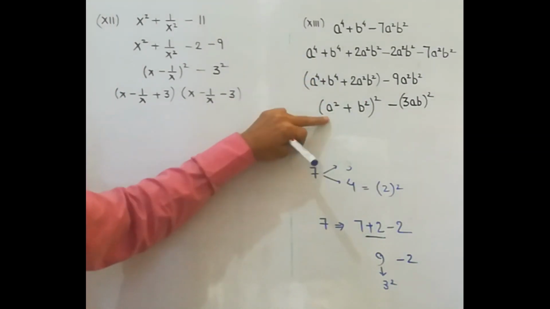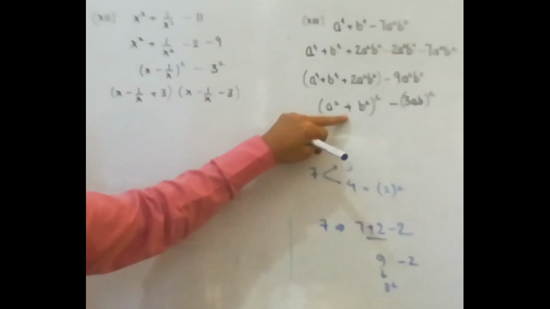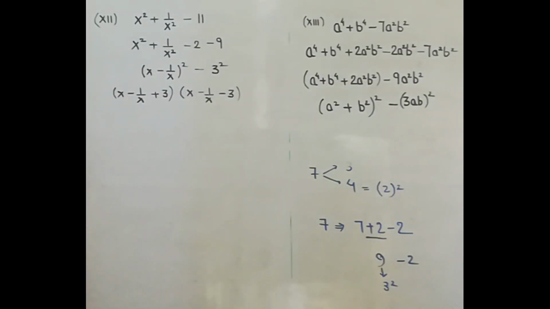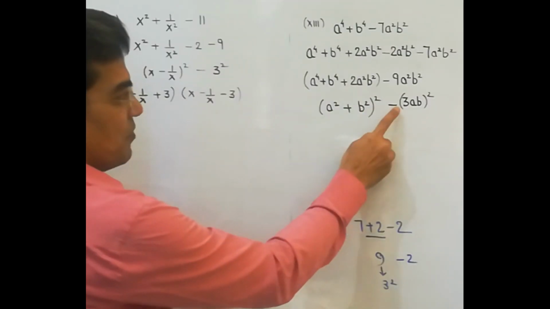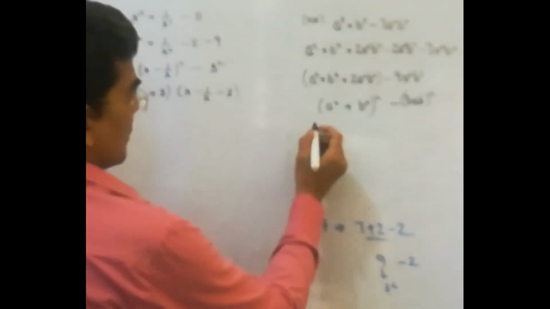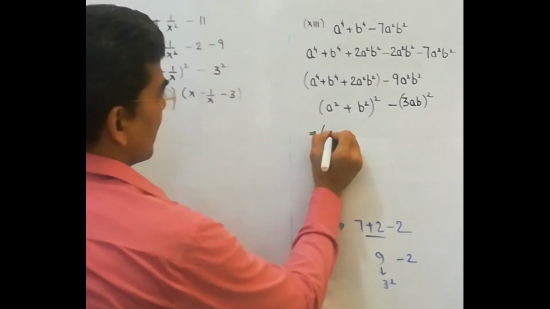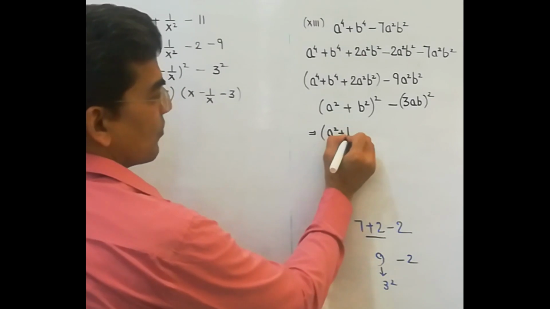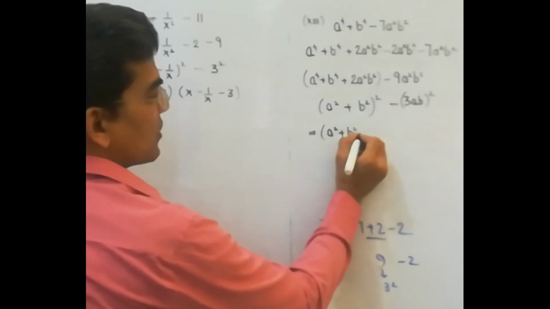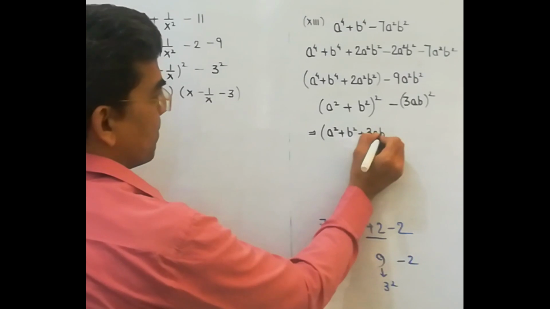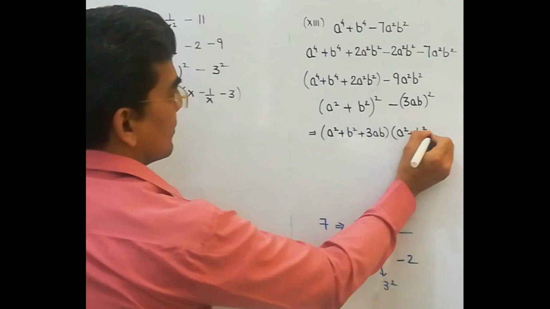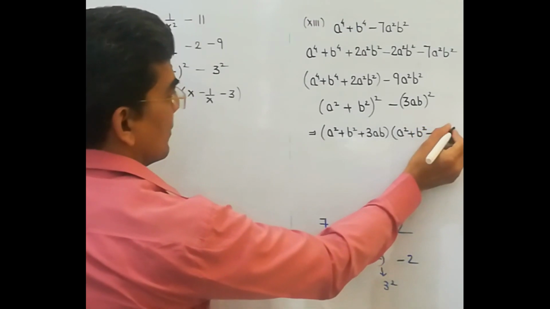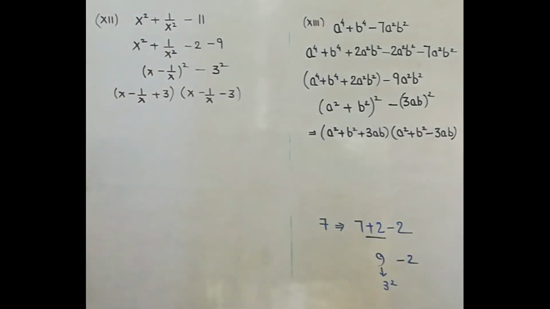If you expand it, you will get a raised to power 4, b raised to power 4 and plus 2ab. Now you have got a square minus b square, so you can apply the formula. In the first bracket is a plus b, in the second bracket a minus b. Hope this is clear to you.